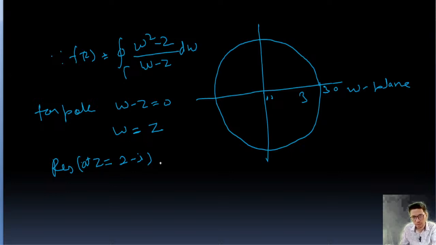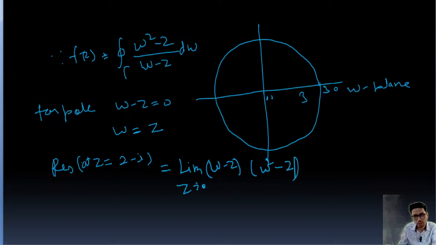So this is going to be limit z tends to 0, w minus z, because it's a simple pole, into (w square minus 2) upon (w minus z). Here w square minus 2, this is 2 guys, not z.